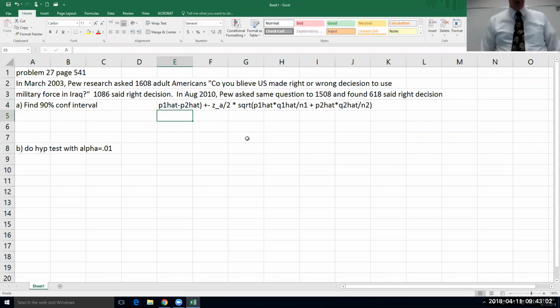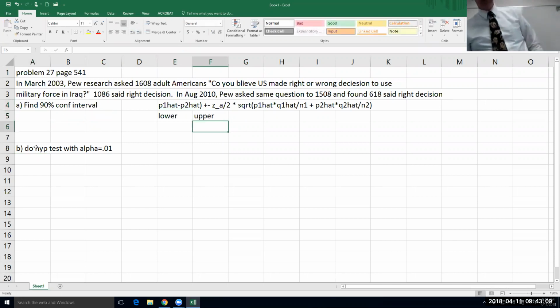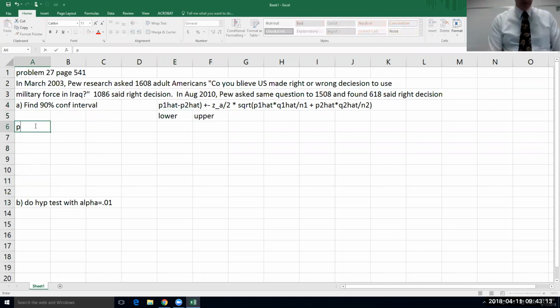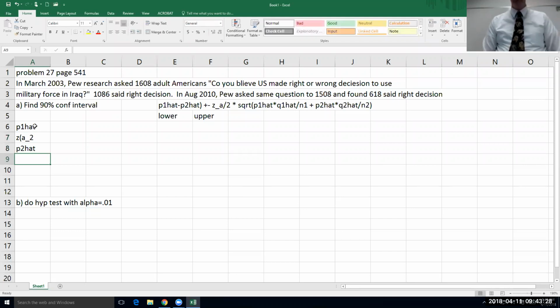Okay, so we're going to need to do our lower, we're going to need to do our upper. Now, we probably ought to figure out what everything is, right? What's P1 hat? Z sub alpha over 2. We're going to need P2 hat, and N1 and N2 are the same, so we don't need to worry about that.